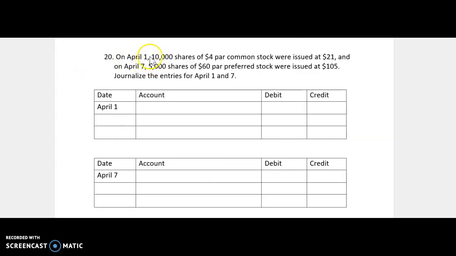Okay, here we're going to do an April 1st entry where 10,000 shares of $4 par common stock were issued at $21. So we're getting cash, and it's going to be the 10,000 times the $21.